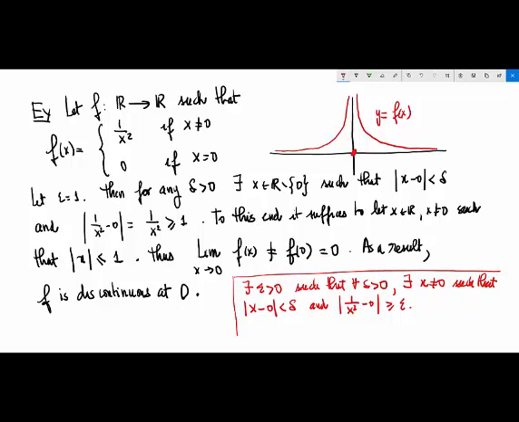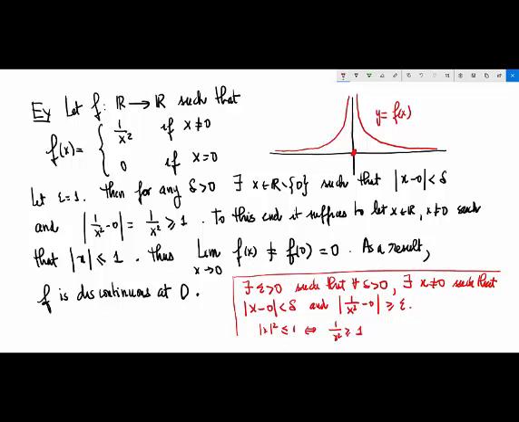To make this happen, it is enough to pick non-zero x such that the absolute value of x is less or equal to 1, and also less or equal to delta. Because as long as the absolute value of x is less or equal to 1, then the absolute value of x squared will be less or equal to 1, which is equivalent to the fact that 1 over x squared is greater or equal to 1.